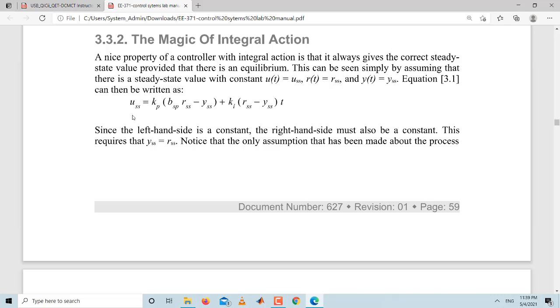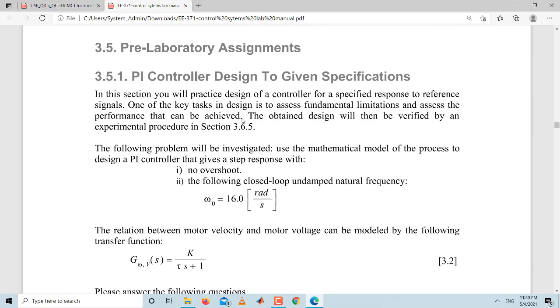So the left hand side is a constant and the right hand side definitely should also be a constant, and it will only happen if the output Y steady state becomes equal to your reference steady state. So this is the assumption that we are going to make to solve this equation further. So please keep in mind this equation and move forward.